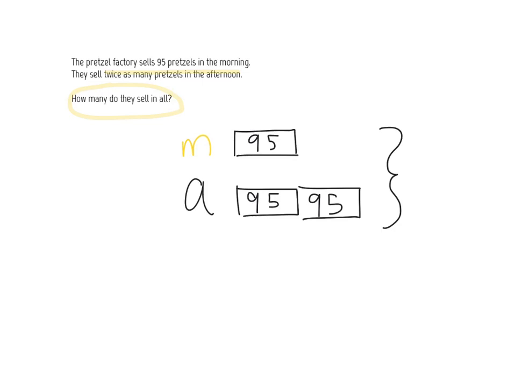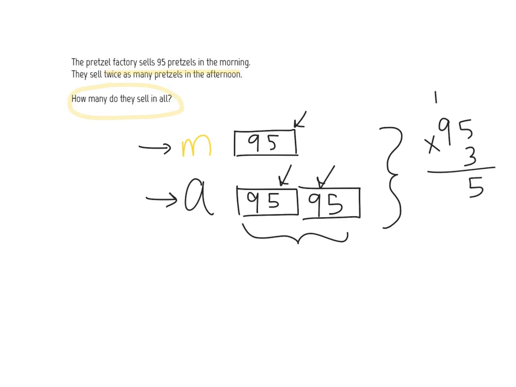So students could do this by finding how many in the morning and then how many in the afternoon and then adding those figures together. Or students could recognize that there are 3 units that are all 95. So we could do 95 times 3 to get the total number of pretzels.